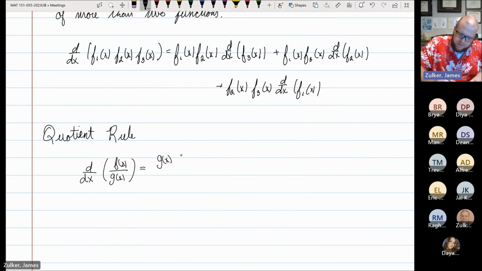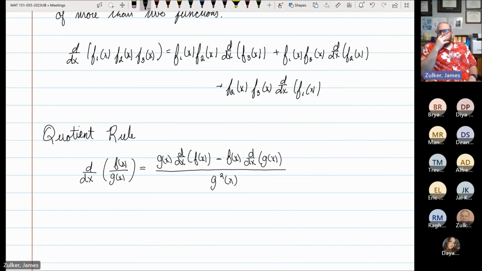It'll be g times the derivative of f minus f times the derivative of g all over g squared.